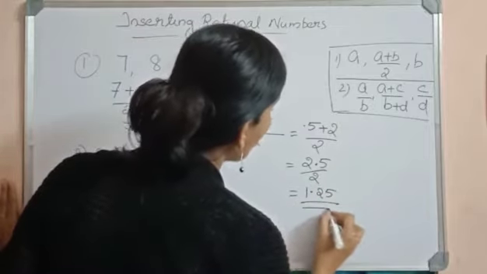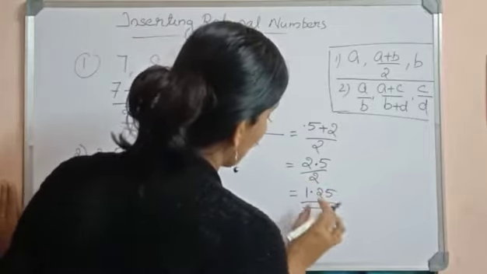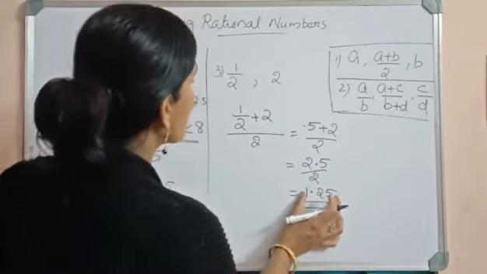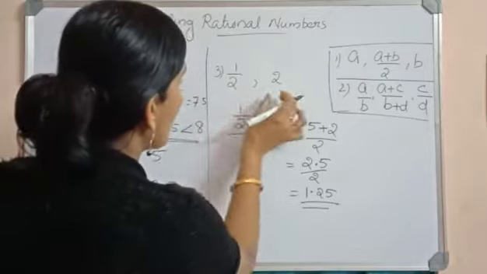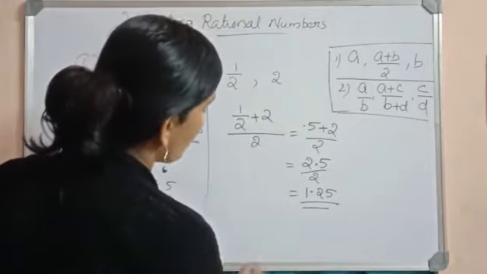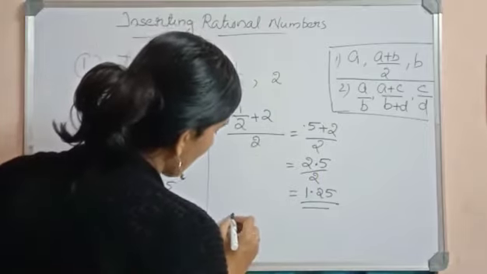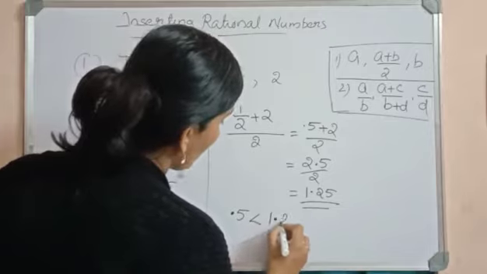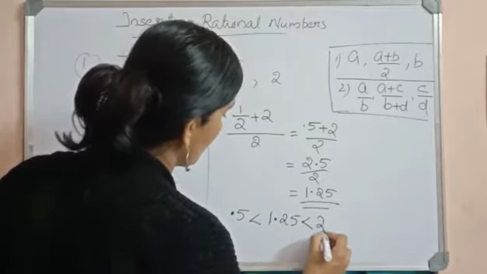When you divide 2.5 by 2, you will get 1.25. And this 1.25 is lying between 1/2 and 2. And this 1/2 can be written as 0.5, as I have told you. So we can write this as 0.5 is less than 1.25 less than 2.